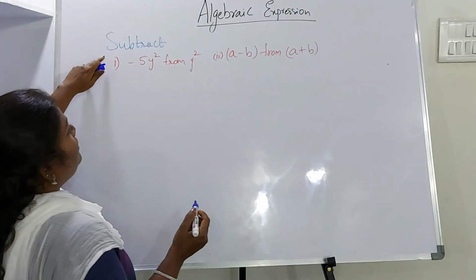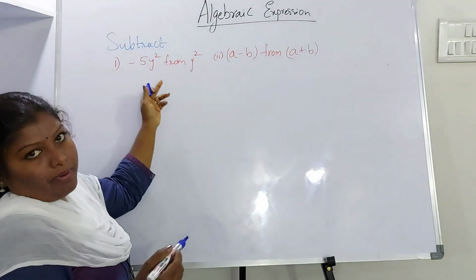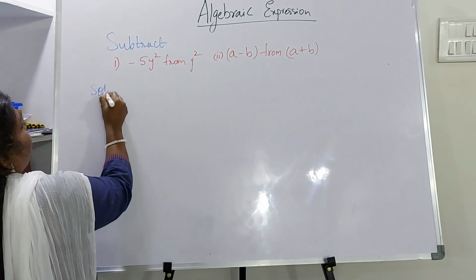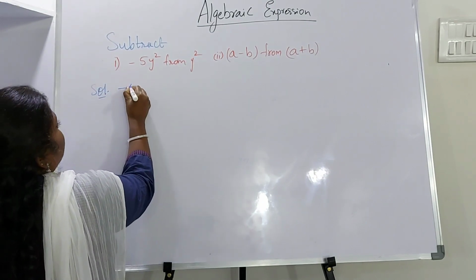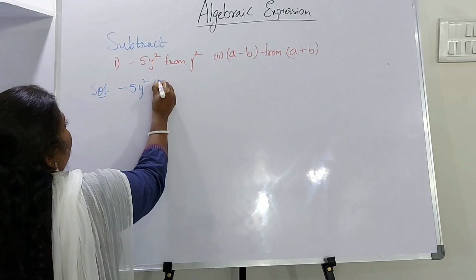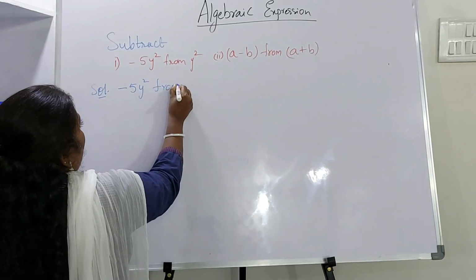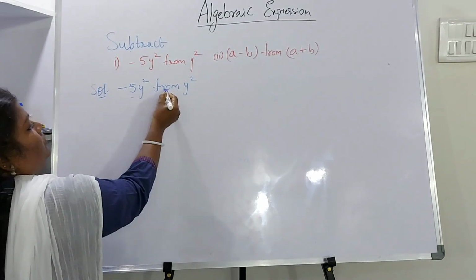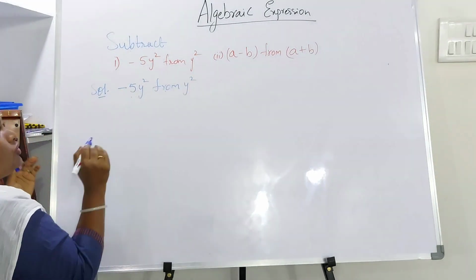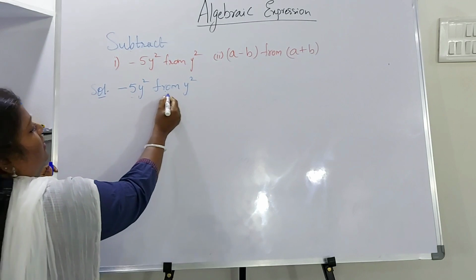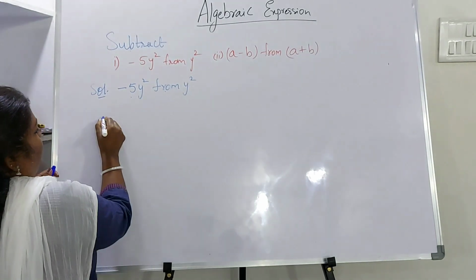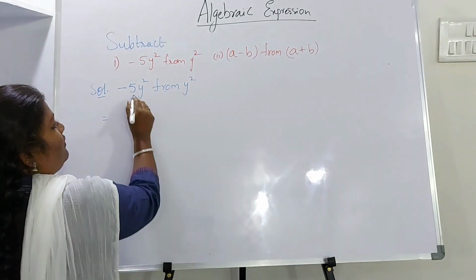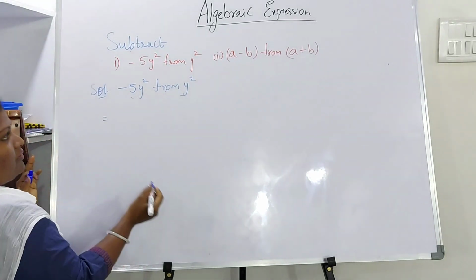Yes, so here we will be learning how to do subtraction. Now let me take the first one. It is minus 5y square from y square. So what is the meaning of it? Subtract this from this. Here most of them will get confused. When you are writing an expression, you should be clear which term comes first.